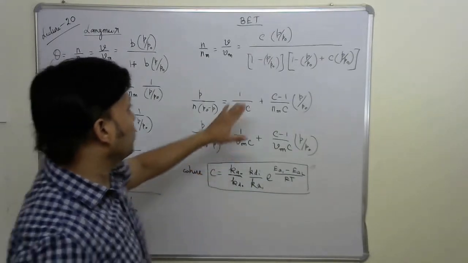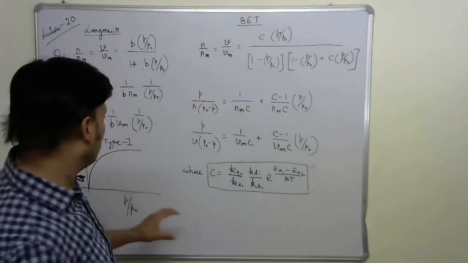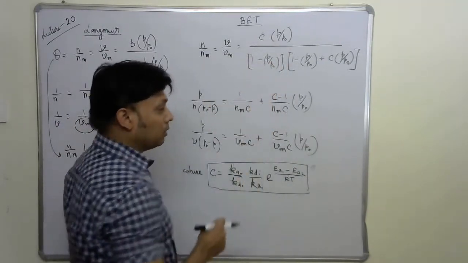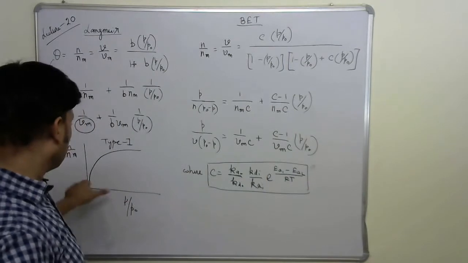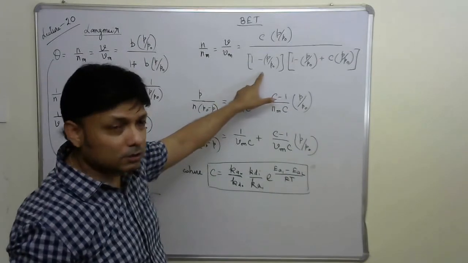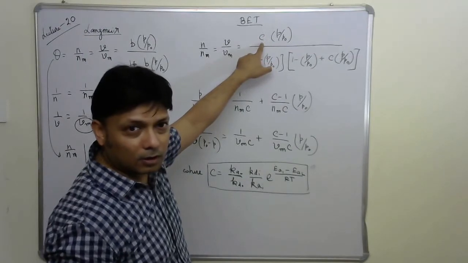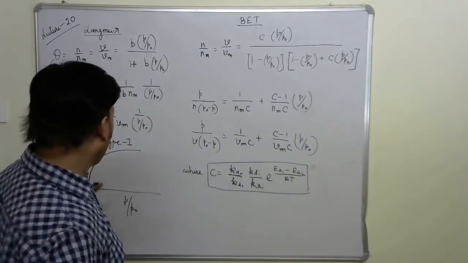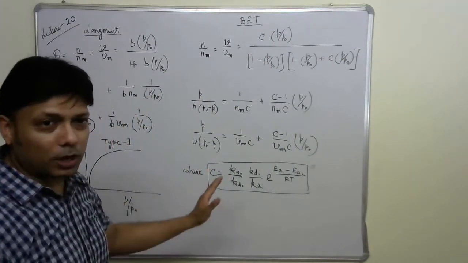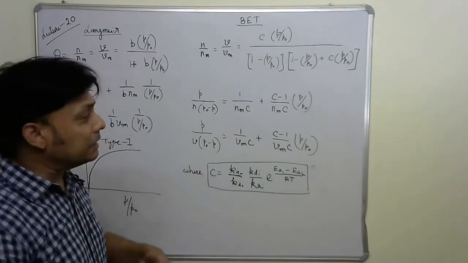Now, the same type of graph plot can be drawn here also, because with the same kind of data, if we try to plot N by Nm versus P by P naught, then we can have the graph plot. But depending on the ranges of P by P naught and depending on the constant C, we will be having different types of adsorption isotherm. It could be type 1 in a special case, could be type 2, type 3, type 4, depending on the different conditions.